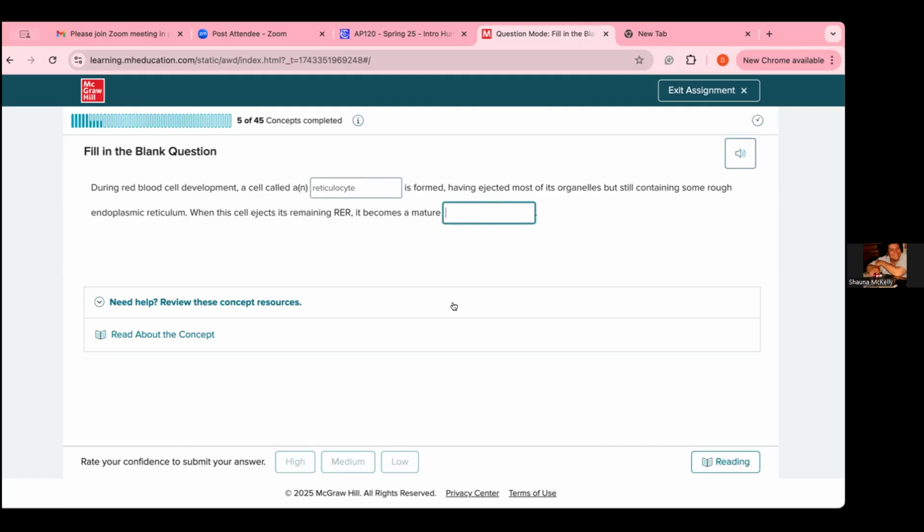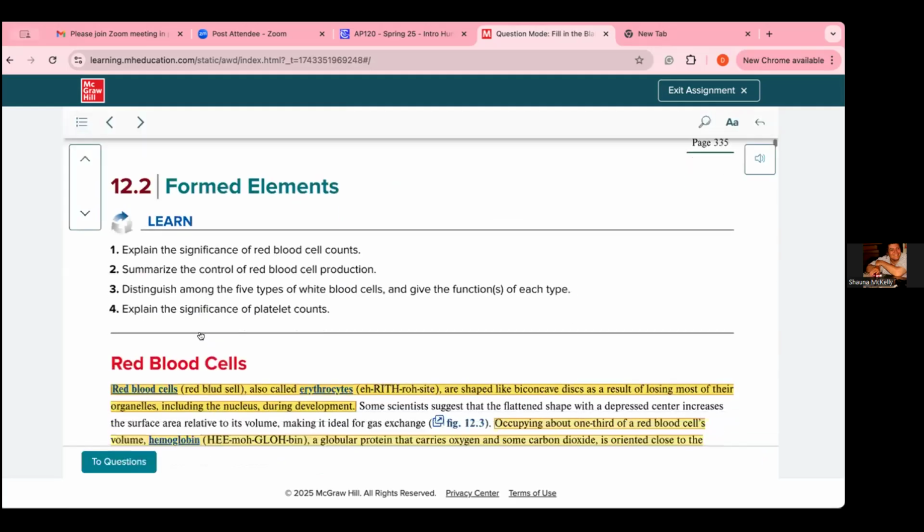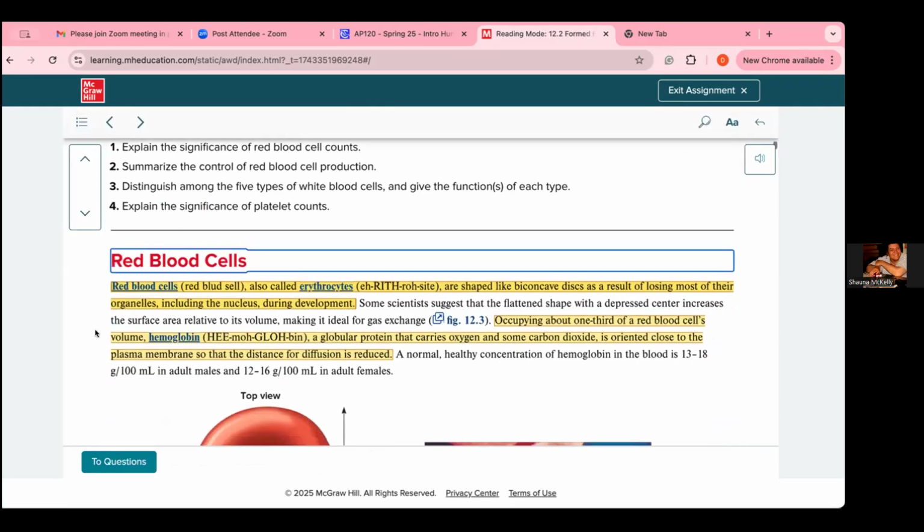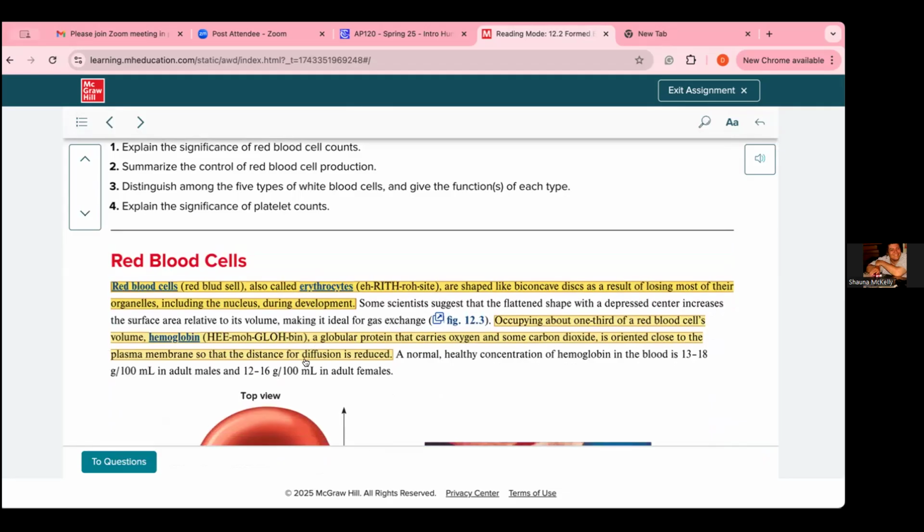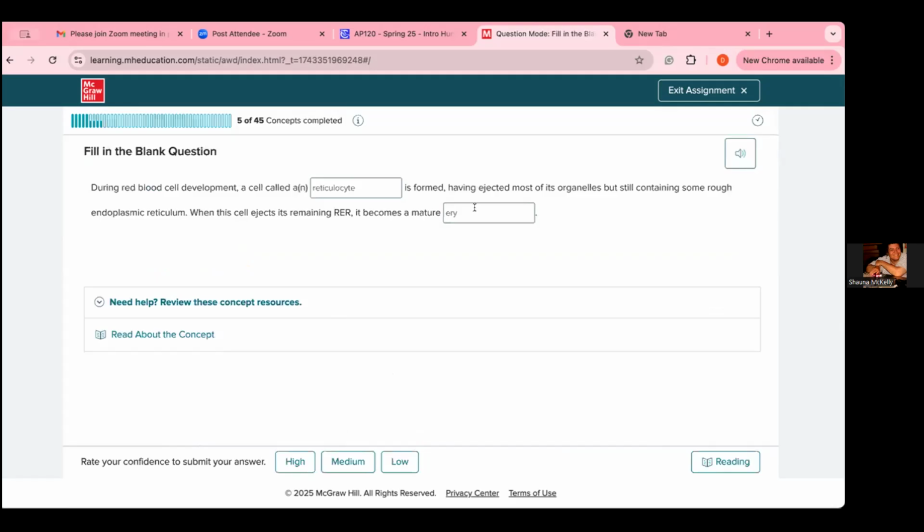I think it is. Erythrocyte. You can check the spelling, but I think, yeah, erythrocyte.